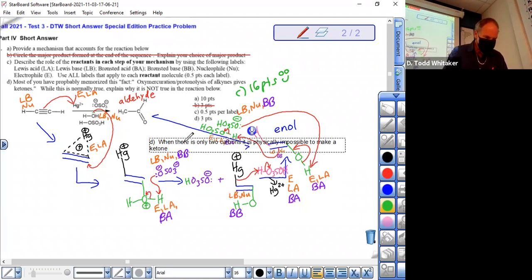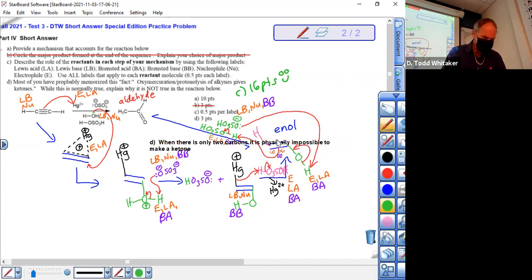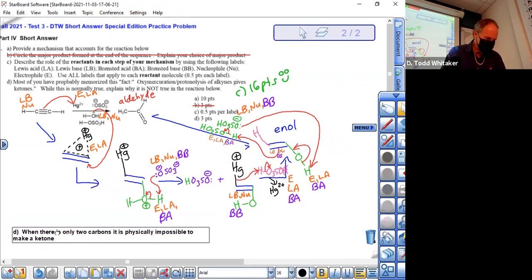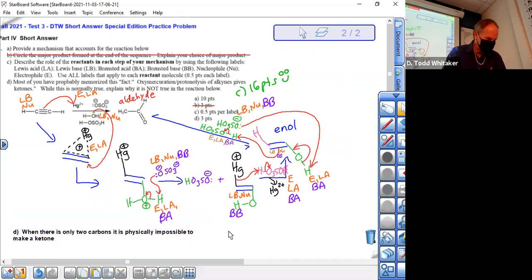You've got to pick which one you need. And then you've got to pick the right one. And I'm going to make this so we can see this. Right now, people are watching the video and falling asleep. There we go. D, when there is only 2 carbons, it is physically impossible to make a ketone. I like this answer. Save, and that's it for this, I hope.